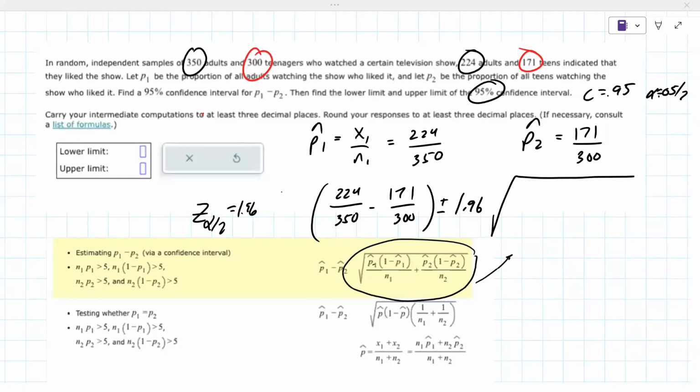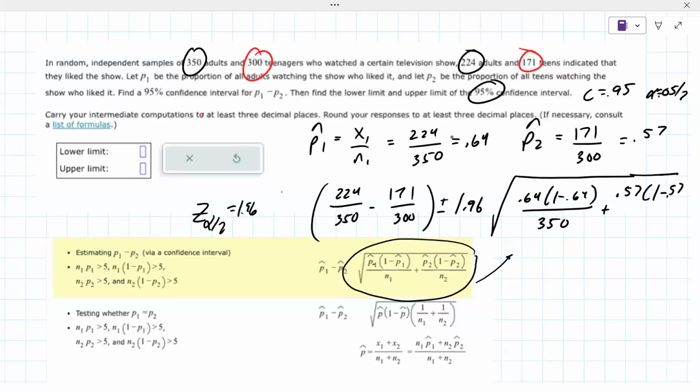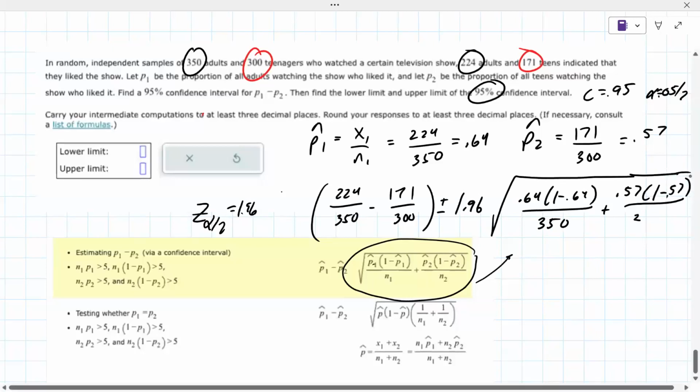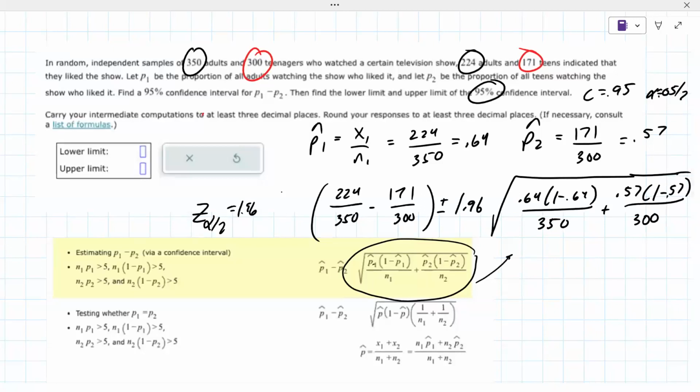P2 is 171 over 300. These actually worked out nice, which I didn't expect: 0.64, 0.57. So it's actually not that bad. It's 0.64 times 1 minus 0.64 over 350, plus 0.57 times 1 minus 0.57 over 300. Then you go ahead and calculate these.